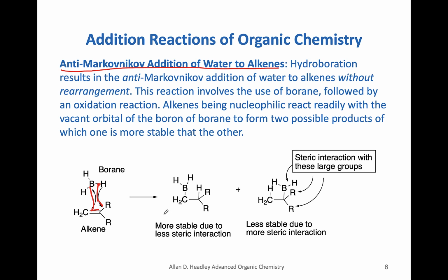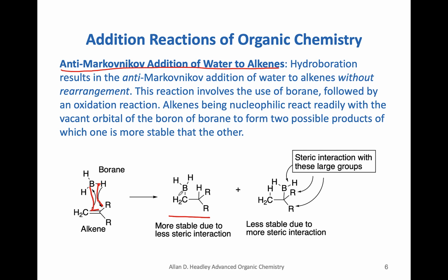But notice there are two possibilities. We can add it like this, or we can turn this around and add it like this. As you can see, an analysis of the initial product shows that this is more stable. We're defining stability here as the reduction of steric interaction.